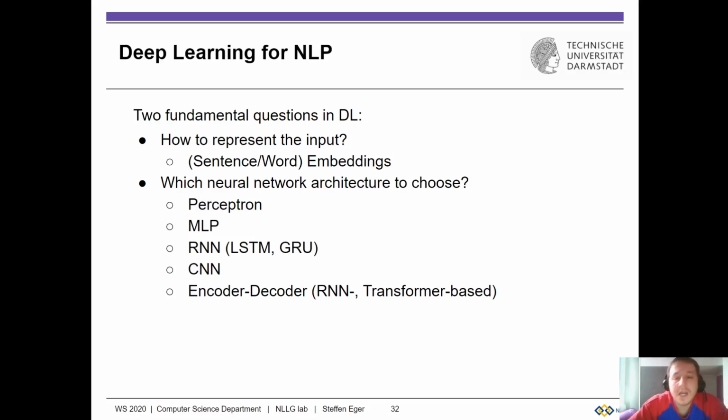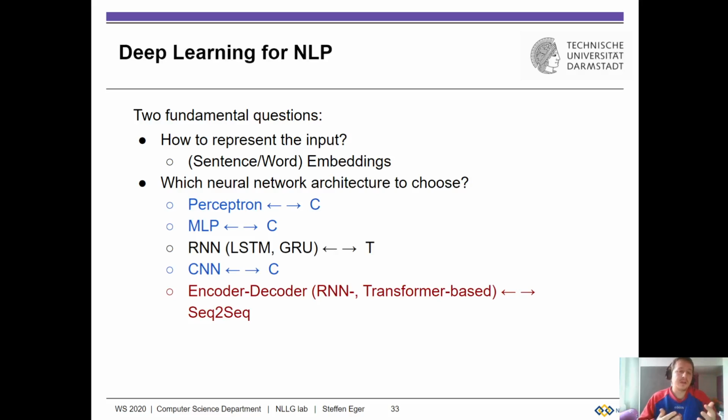When we talk about the architectures, here are a couple of architectures that I will introduce in the following: the perceptron, the multi-layer perceptron, the recurrent neural network, which has LSTM as its most famous instantiation, the convolutional neural network, also abbreviated as CNN, and the encoder-decoder neural network architecture, which can either be based on RNNs or on transformer-based models, which I will also briefly introduce.